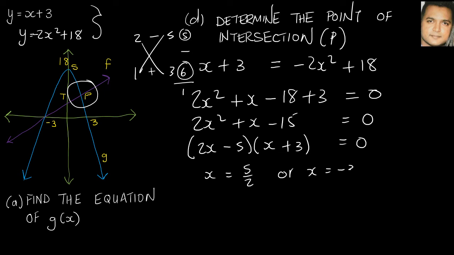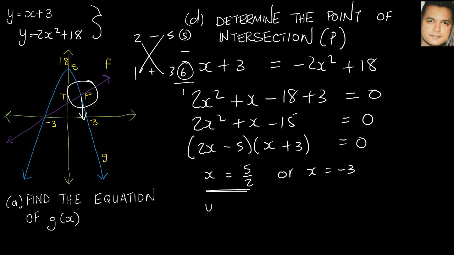Now we know we are looking at the coordinate of P, and we know that P will have a coordinate that is positive. So therefore this will be the x value for P. So let's look at P. We'll say P is 5 over 2. So now keeping this in mind, let's substitute and get the y value.